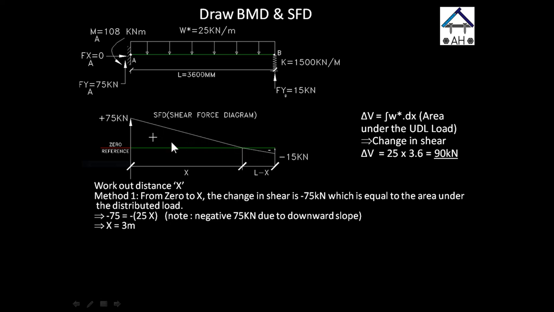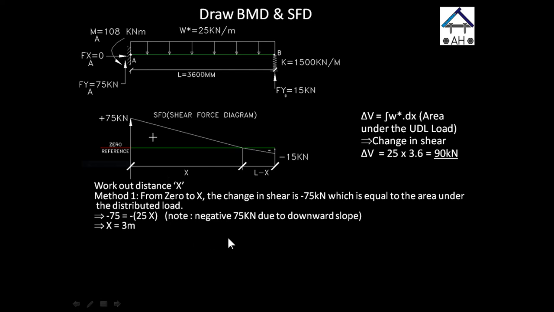Since we know that the derivative of the shear force diagram is the distributed load, we can say the change in shear, minus 75 kilonewton, is equal to the area under the distributed load up to the distance x. So now we have negative 75 is equal to minus 25 kilonewton per meter times the distance x. Solving for x, we get 3 meters.